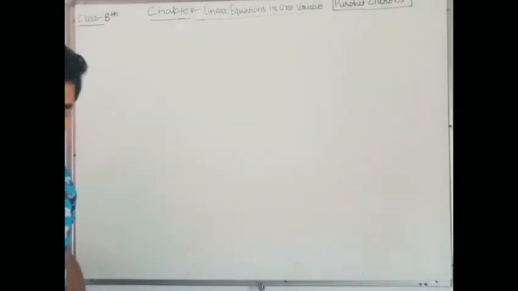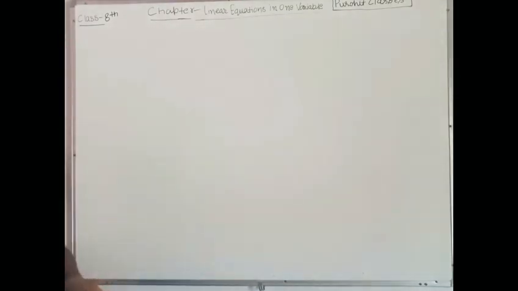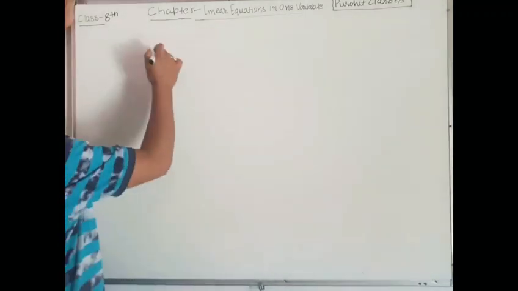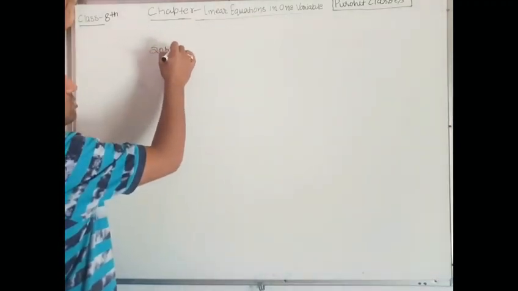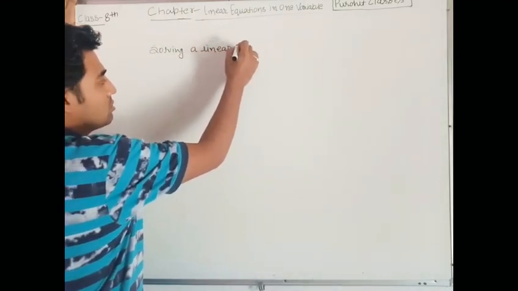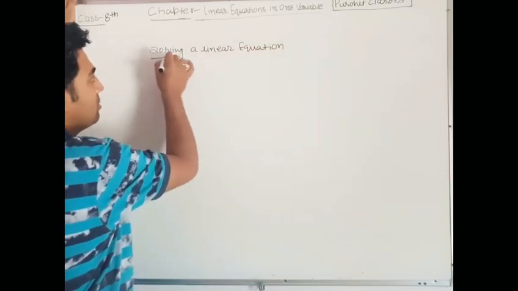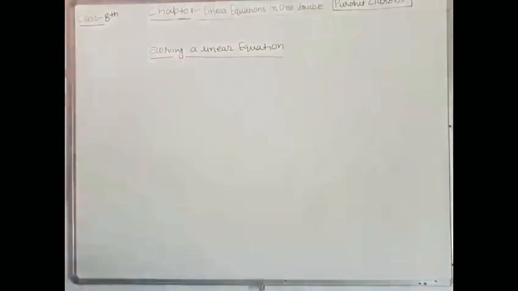Now the next thing about linear equation in one variable is, so far we have got an idea that we have to deal only with linear equations in one variable. Next thing is solving. What is solving a linear equation? And what is the meaning of solving? Like the question says, solve the linear equation.